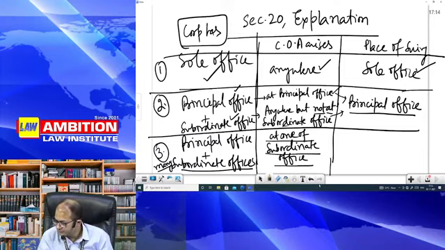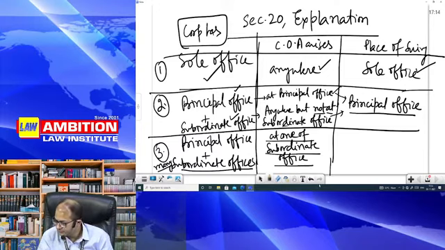And there is an additional condition: in all cases where issues are settled, unless there has been consequent failure of justice. So you will have to show that there is consequent failure of justice. Then only the appellate or revisional court will look into the matter. So in both cases, you are required to see consequent failure of justice also.